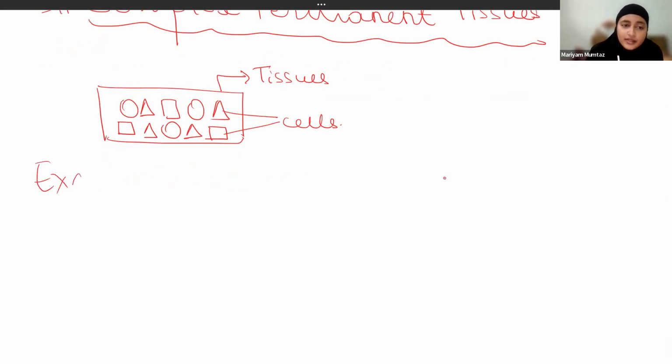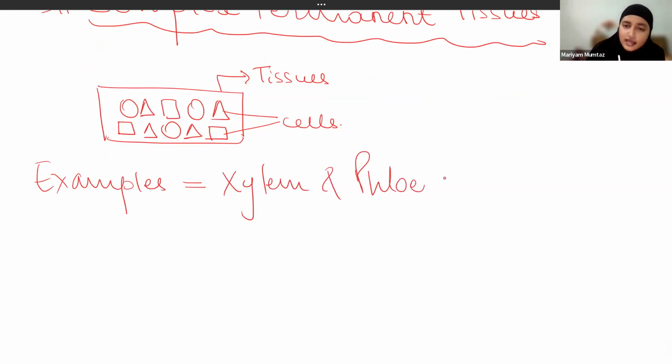The examples of the complex permanent tissues in the case of plants will be xylem and phloem. And xylem and phloem together are known as the vascular bundle or the vascular tissues.